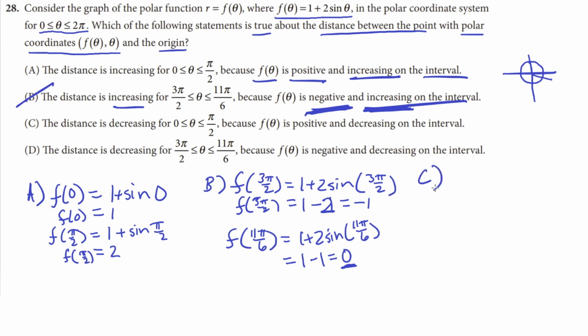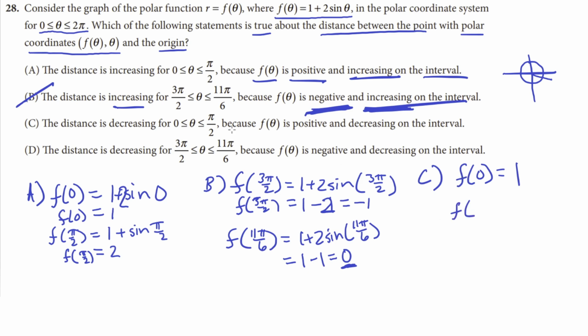Now let's look at answer choice C. Let's plug in 0 for theta. We know from earlier that f of 0 is just equal to 1, because there should be a 2 in front of the sine, but it didn't matter because sine of 0 is just 0. And then pi by 2.